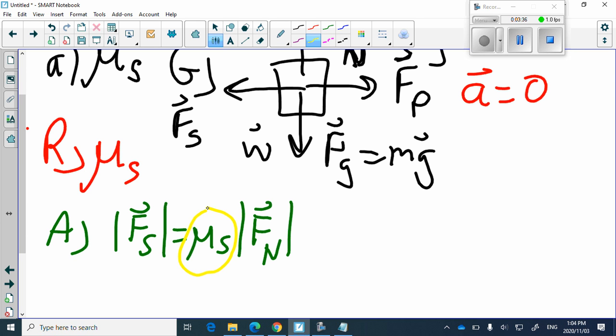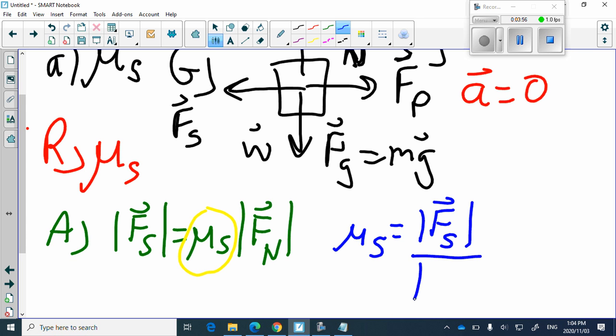Now I'm going to rearrange this equation to isolate for the variable I want to solve for. And that would be, then we would have mu s is equal to the magnitude of the force of static friction, all over the magnitude of the normal force.